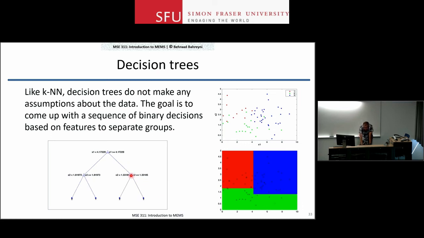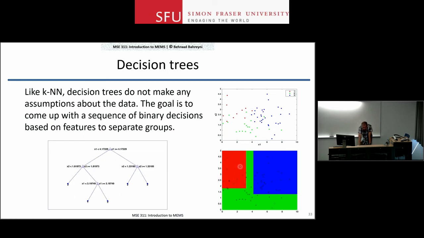I make a decision on this side of the curve based on the value of the other feature now. And now I can see that I've correctly identified all of these that belong to class 2. Then there are some class 2 items here that I identified as class 3, and there are some class 2 here that I identified as class 1.